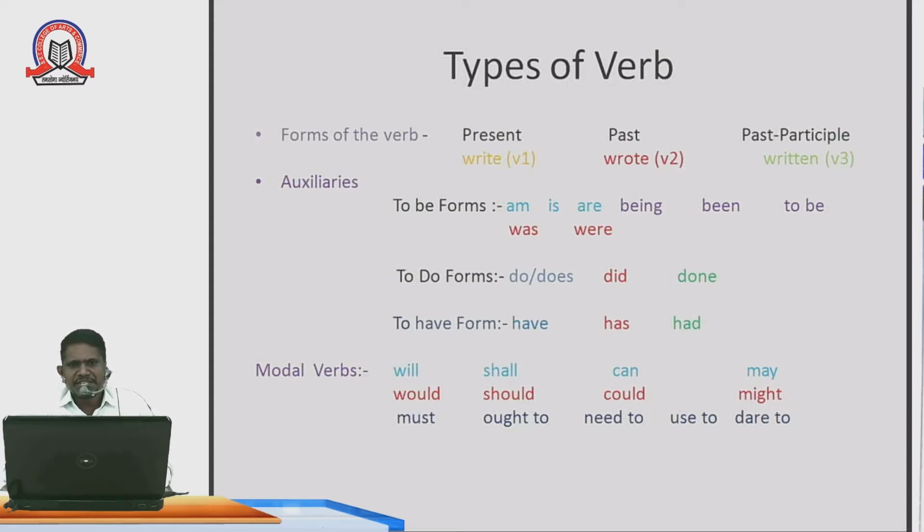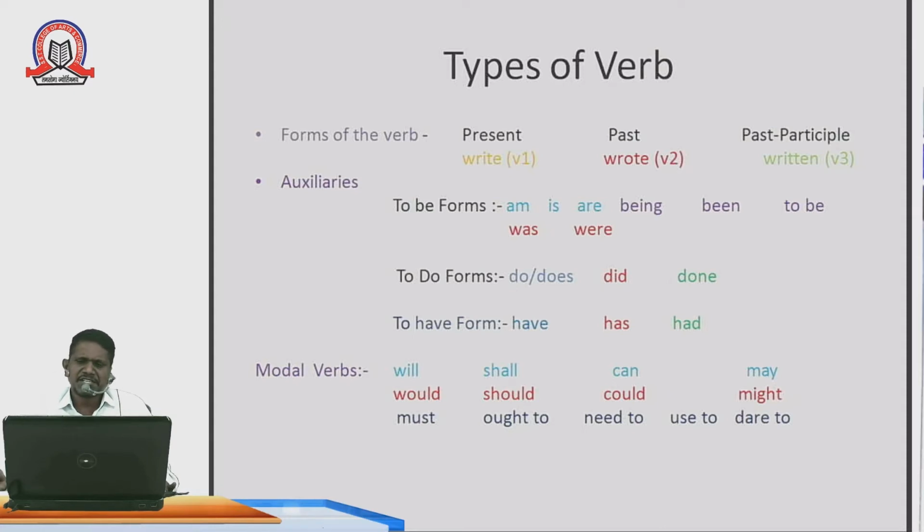Generally we talk about verb 1, verb 2, verb 3. Here in the PPT, in orange color write is the first form of the verb, the red color wrote is the second form, and the green color written is the third form. These three forms we use in different types of tenses.